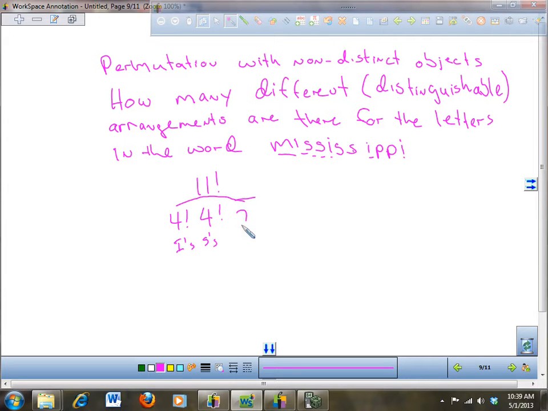So I have 2 factorial ways to arrange those P's. If this P were here or this P were here, it doesn't matter, they're indistinguishable. And so if there are repeated letters, I divide by the factorial of how many of each letter there are.